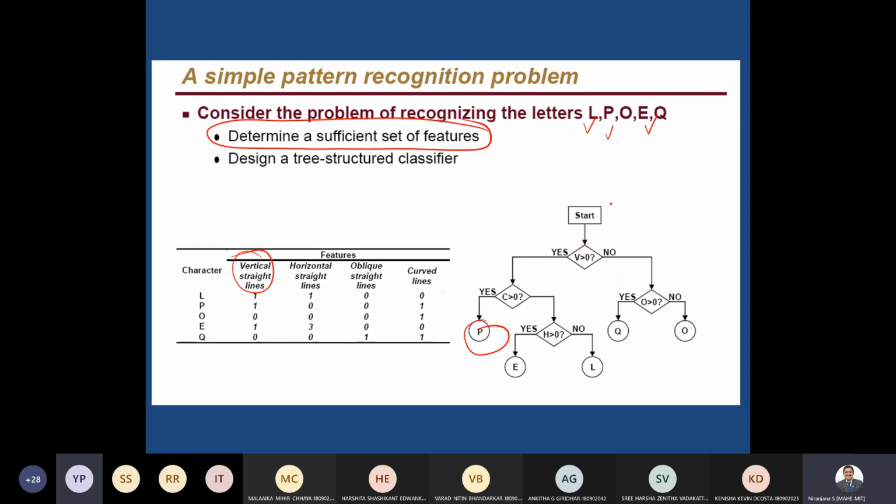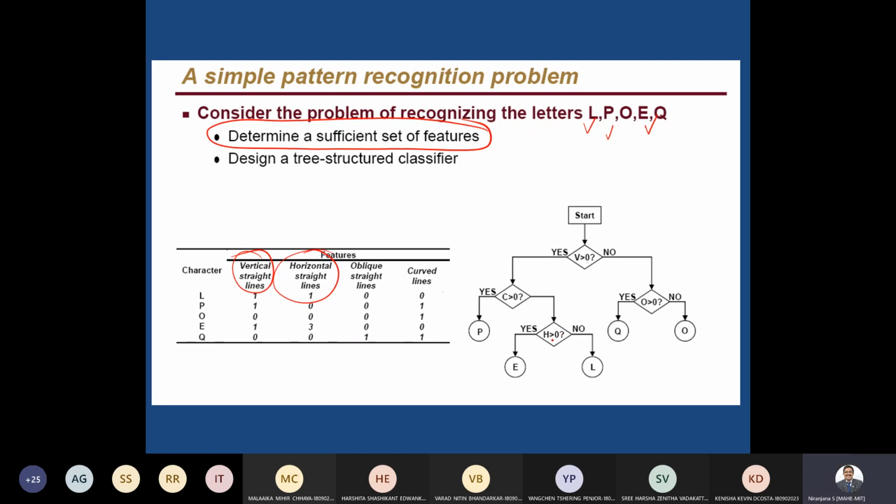For the horizontal straight lines, both L and E have horizontal lines. So should it be H greater than 1? Here there is some error. You have to correct it. H greater than 0, right? Horizontal line here, whenever the curve is 0. Horizontal line greater than 0.